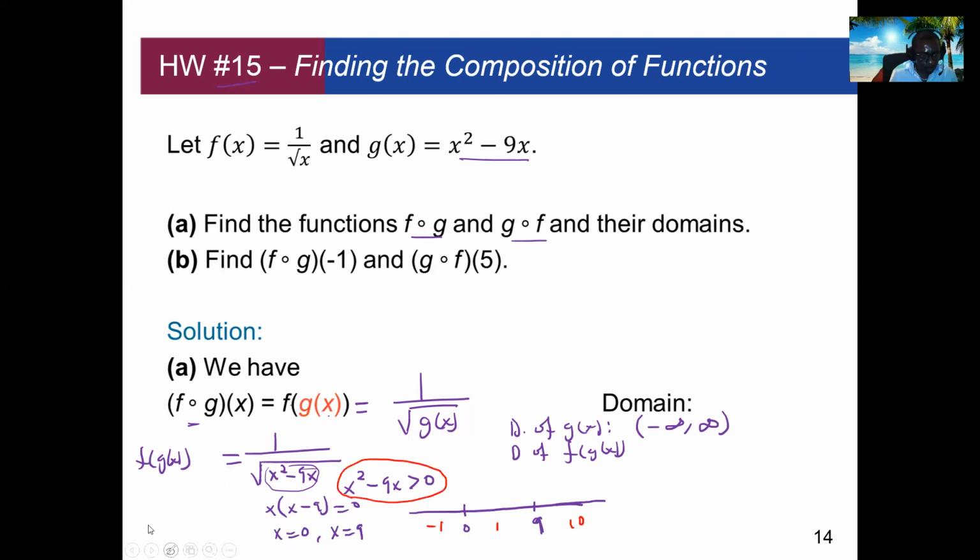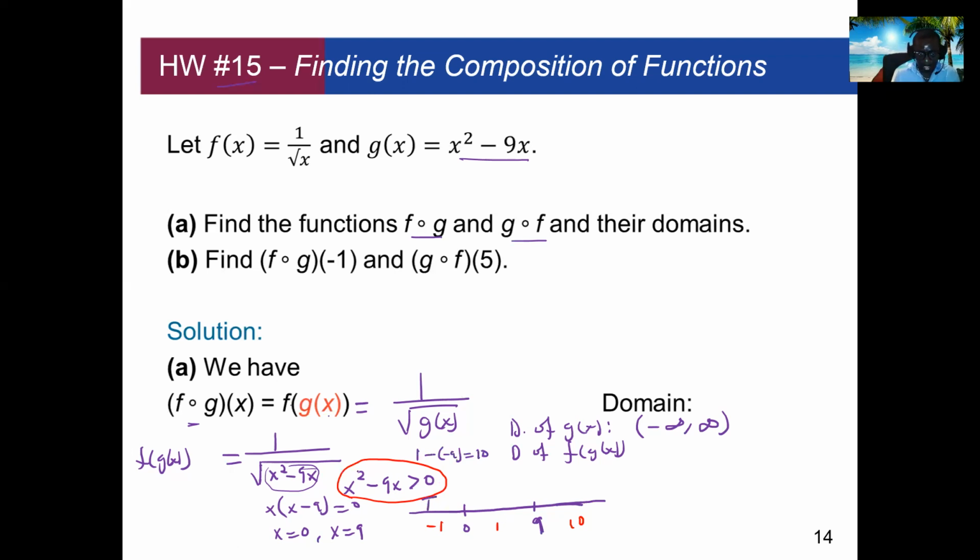All right, so let's go. Well, when x is -1, you have what? You have -1 squared, and then minus 9 times -1. Okay, so you have 1 plus 9, which is 10, which is greater than 0. So this part is true.